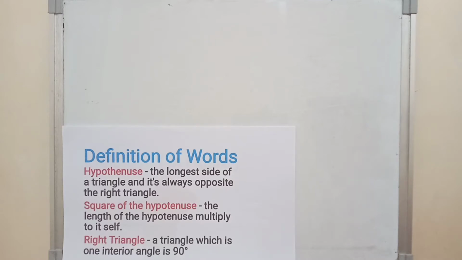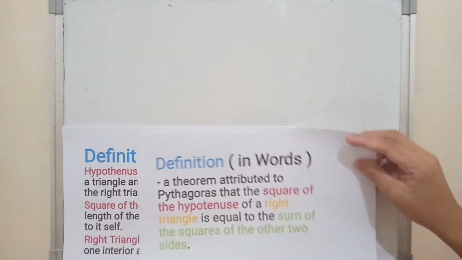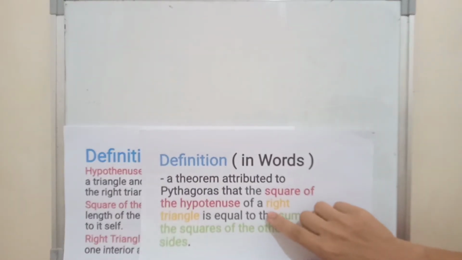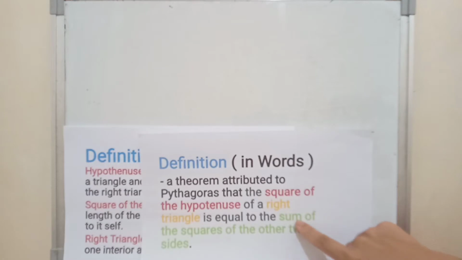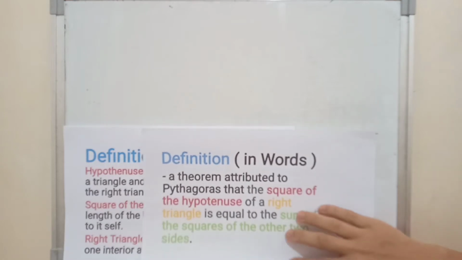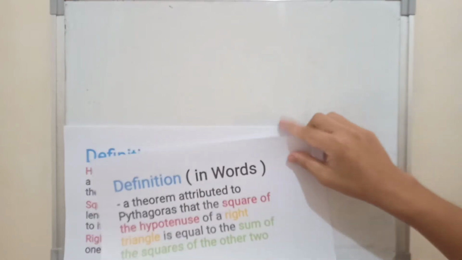So, yung right triangle, a triangle in which one interior angle is 90 degrees. So, isang angle niya sa loob ng triangle is equal to 90 degrees. So, yung square ng hypotenuse of a right triangle is katumbas ng sum ng squares of the other two sides.